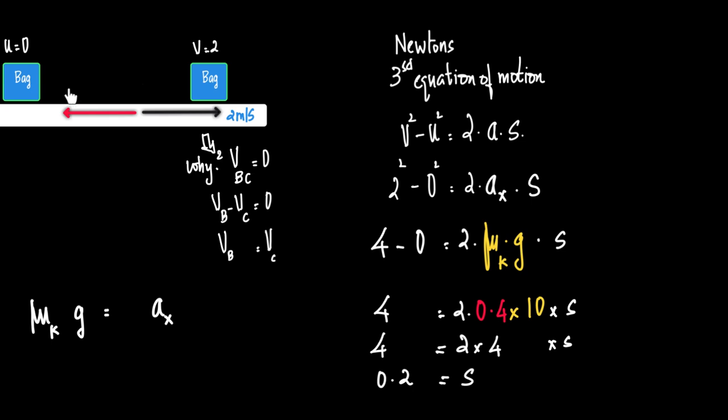Of course, because there is some relative motion here, the friction has to be kinetic in nature. 2 squared minus 0 is 4. Mu k is given to us as 0.4, g is 10. 0.4 into 10 is 4. 4 by 4 is 1. 1 by 2 is, my bad, it is not 0.2, it should be 0.5. Therefore, the relative distance moved here is 0.5.